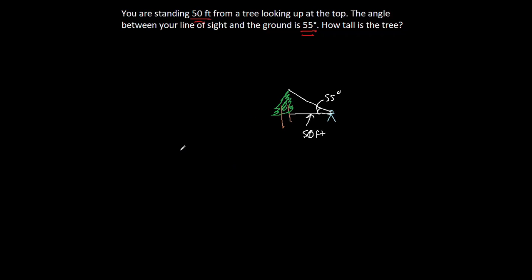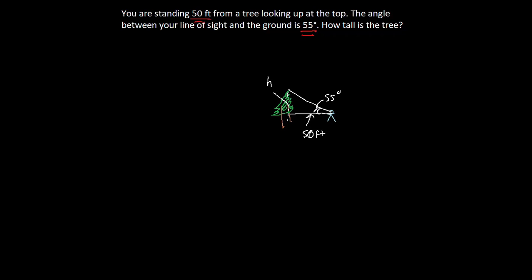So we have this angle here of 55 degrees, and we have this known here, and what we want to know is the height of the tree. This is going to be our h. So I'm going to skip going through all the different options. I'm going to say we have an angle, we want the opposite, and we have the adjacent.